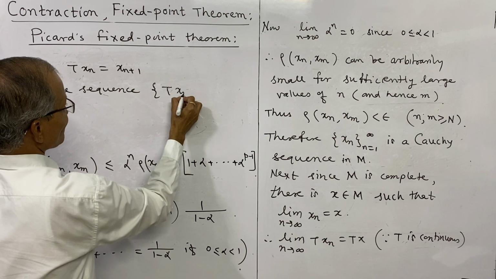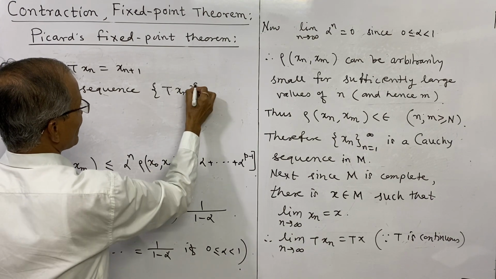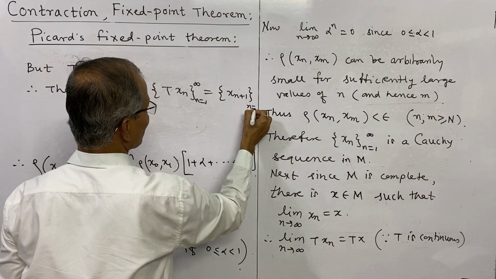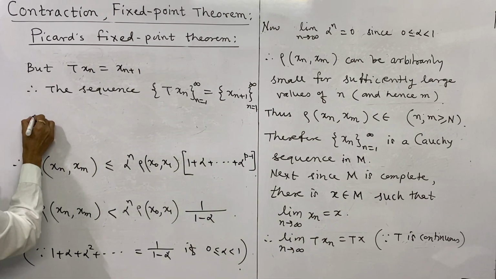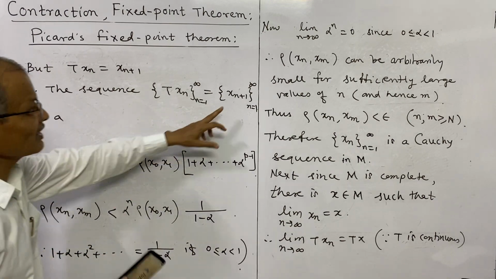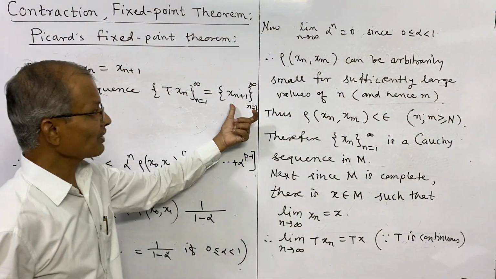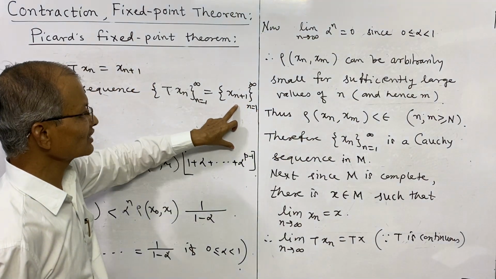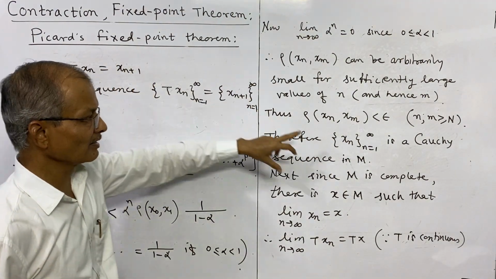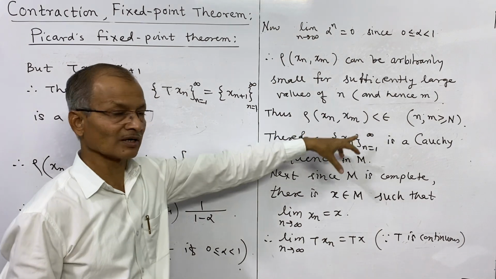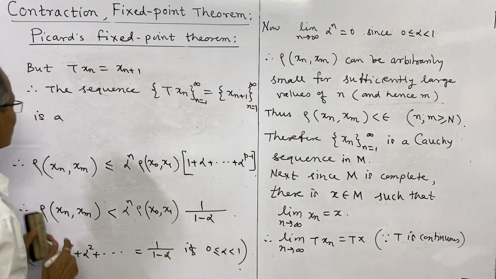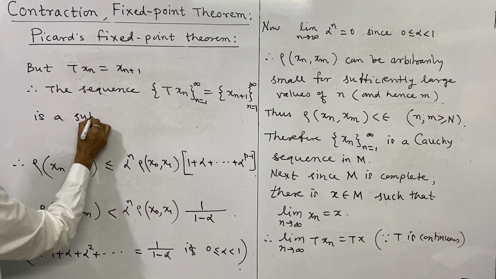And therefore the sequence T of xn becomes xn plus 1, and this is a subsequence of xn. We know xn plus 1 is a subsequence of xn because its terms start with x2, x3, and the terms of xn start with x1, x2, etc. So this is having one term more, and therefore it is a subsequence of xn.